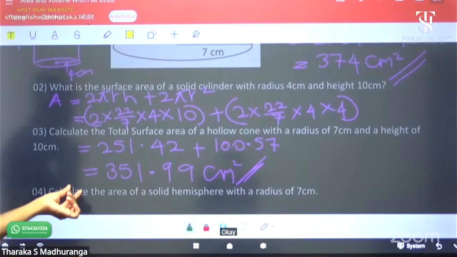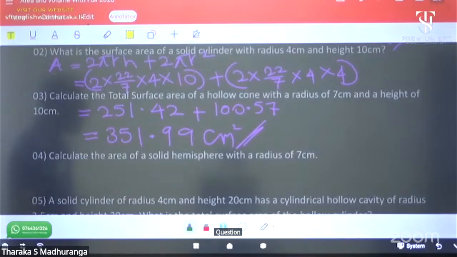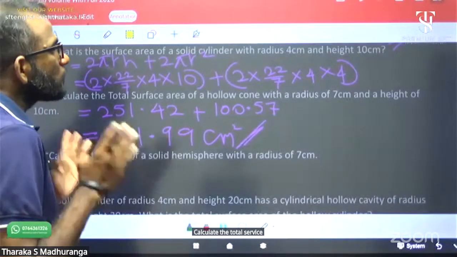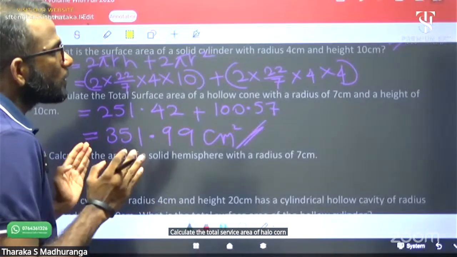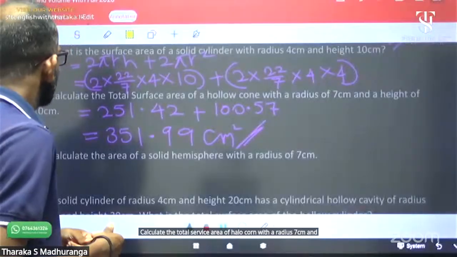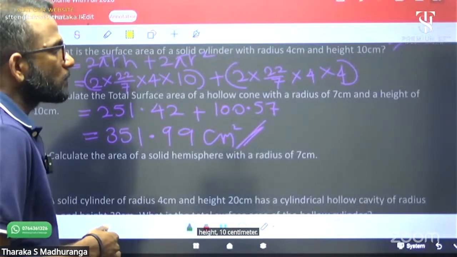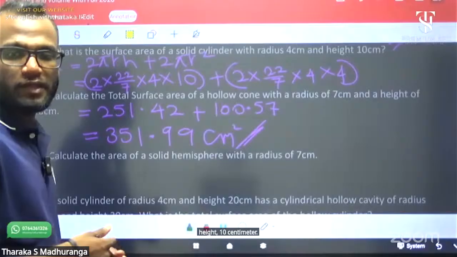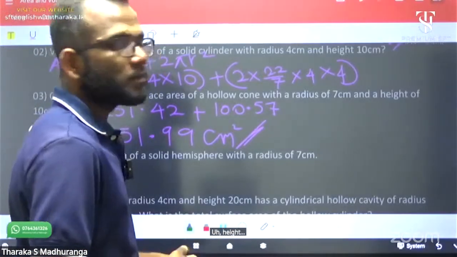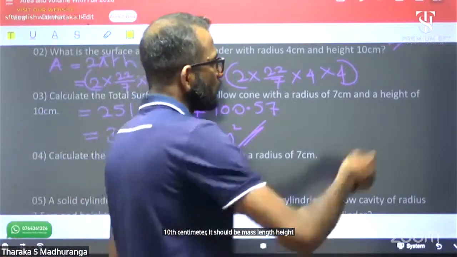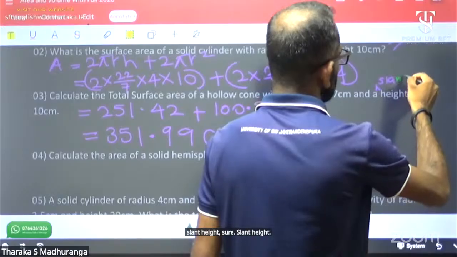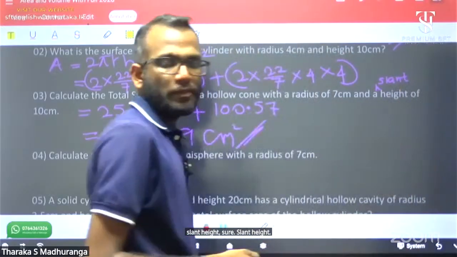Okay. Question number 3. Calculate the total surface area of a hollow cone with a radius 7 centimeter and height 10 centimeter. It should be slant height, right? Slant height 10 centimeter.